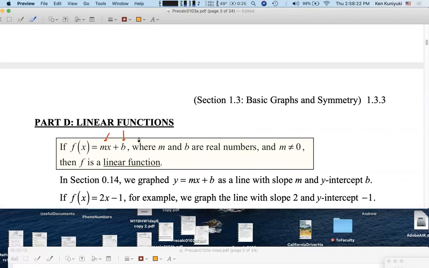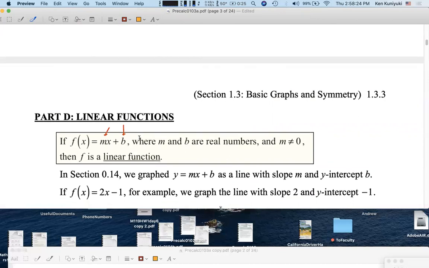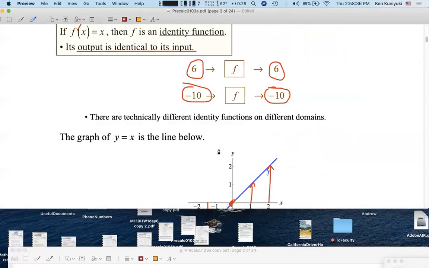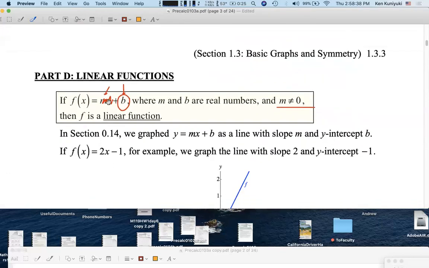It's a real number that represents a y-intercept. Where m is not 0. If m is 0, you're just left with what kind of function? A constant function. And then you're back to this horizontal line here, right? That kind of horizontal line. So for a bona fide linear function, we assume that the leading coefficient m is not 0.